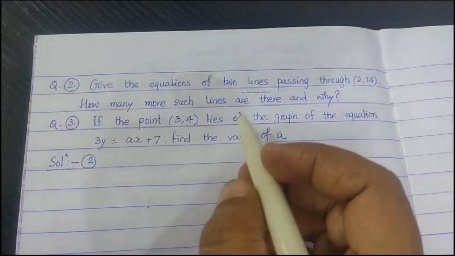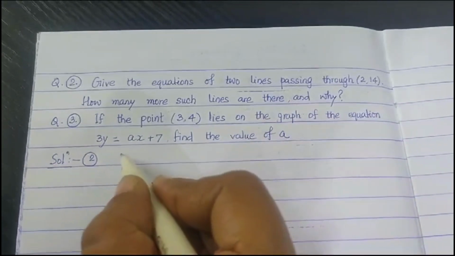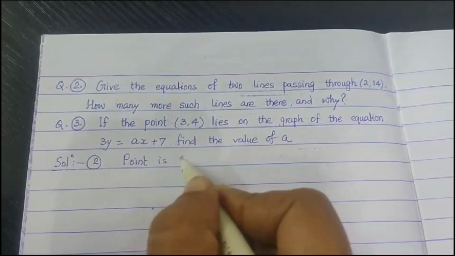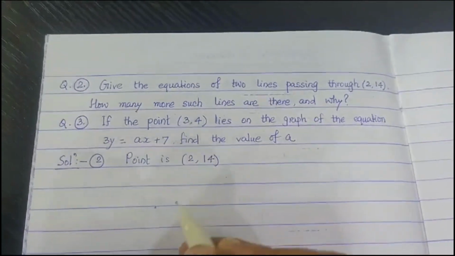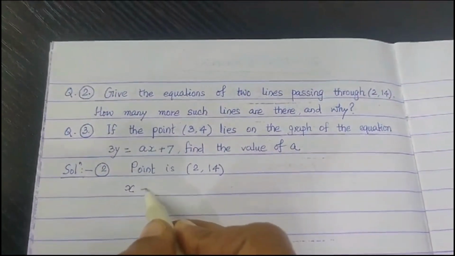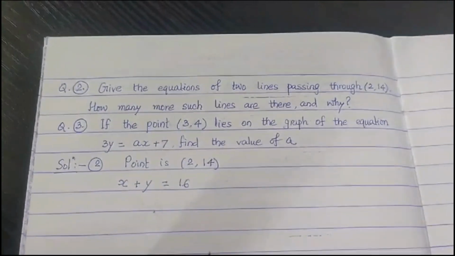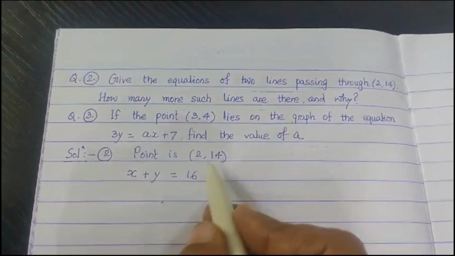We have to write the equations of 2 lines passing through the point (2, 14). The given point is (2, 14), which means the x coordinate is 2 and the y coordinate is 14. Now we can think of a simple equation like x plus y is equal to 16, because the x coordinate is 2 and y is 14.